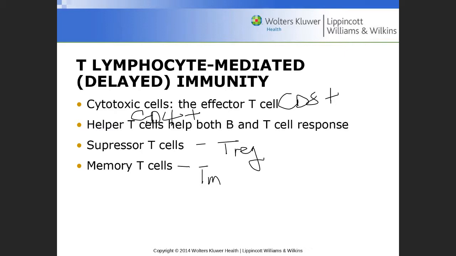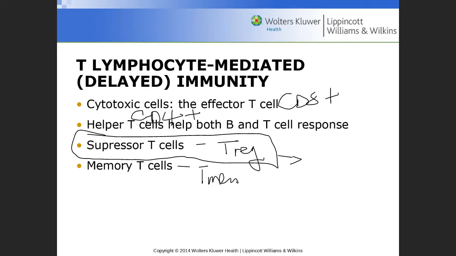Now, the Treg is very important. I wrote a review on this cell. It's called the regulatory T cell. One of the functions of the regulatory T cell is that it may be involved in anti-inflammation, for example, which is basically regulating, hence the name. They're regulating the immune system.